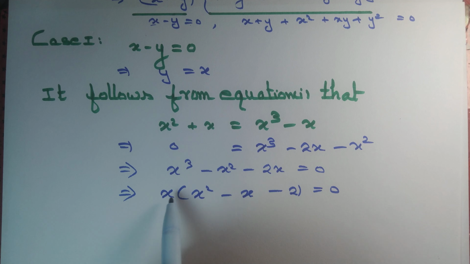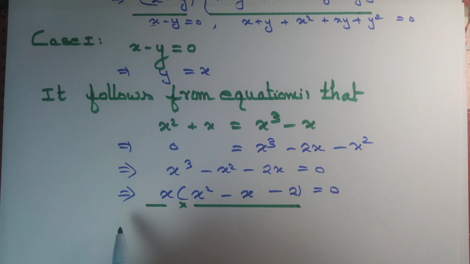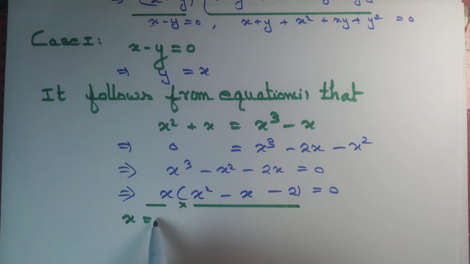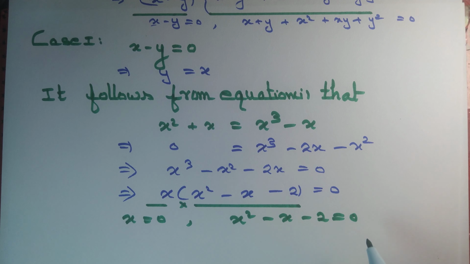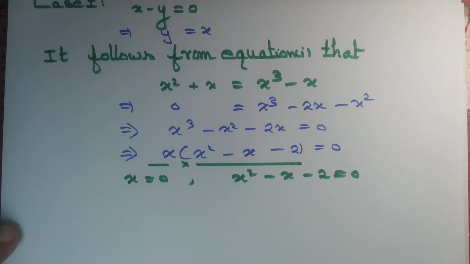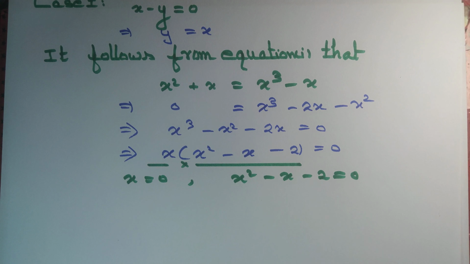Now again, we see product of two numbers equal to 0, so either x equal to 0 or x square minus x minus 2 equal to 0. It might be possible that both of them are 0, but at least one of them has to be 0. If x equal to 0, then we can find out y.